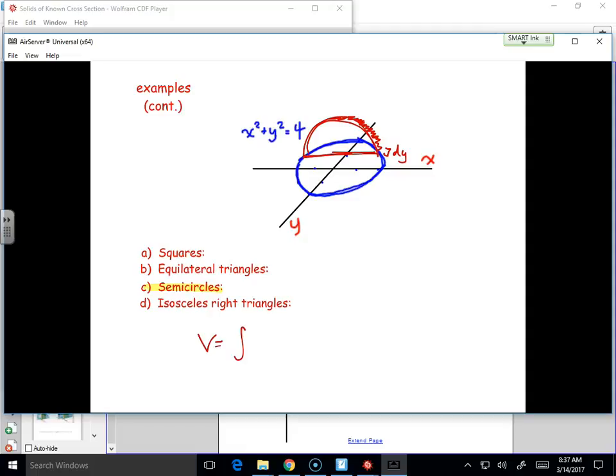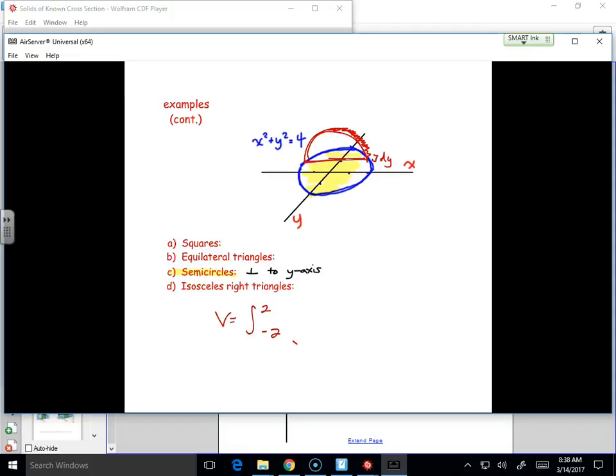No. Still the same base region that I'm using, right? So still from negative 2 to 2. We're still assuming perpendicular to the y-axis, hence why I'm still showing it with dy. Except now I need... What'd you say the area of a semicircle was?